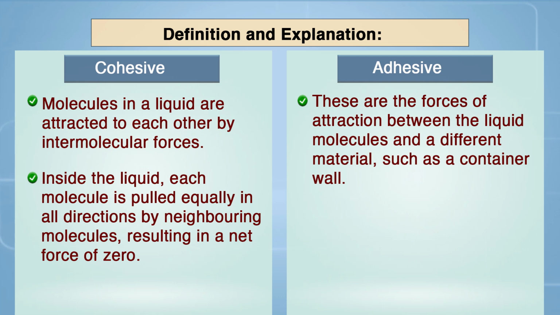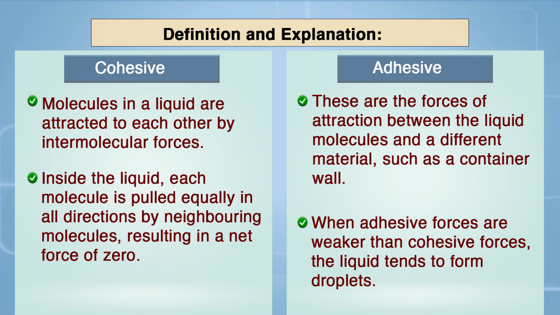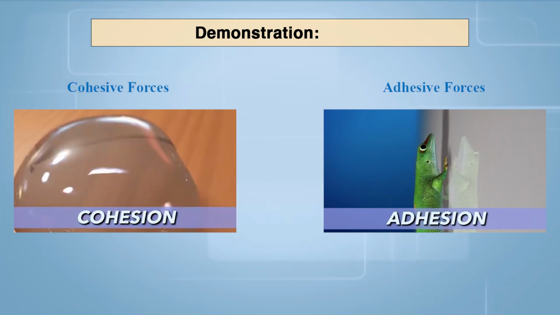On the other hand, adhesive forces are the forces of attraction between the liquid molecules and different materials, such as the container wall. When adhesive forces are weaker than cohesive forces, the liquid tends to form droplets. These forces can be seen from the given figure also.